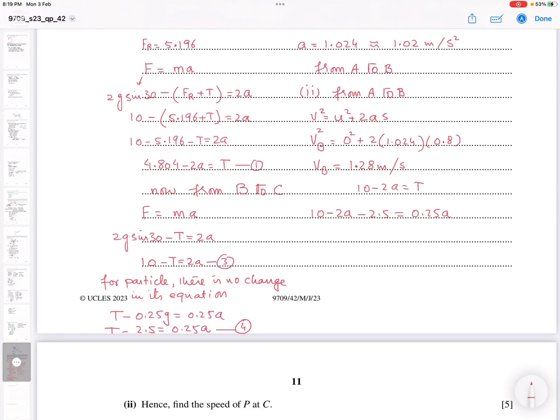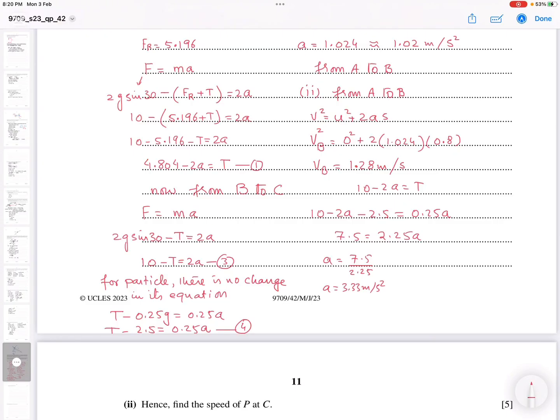So 10 minus 2.5 is 7.5, and send minus 2a to the other side of the equal sign. So 0.25a plus 2a will make it 2.25a, and from here your a is equal to 7.5 divided by 2.25, 3.33 meter per second square.